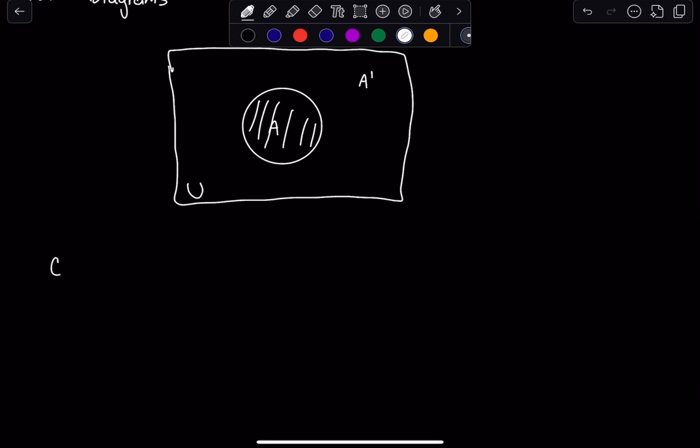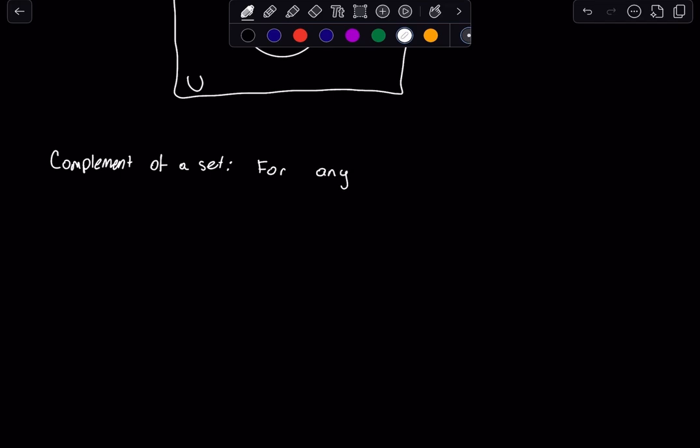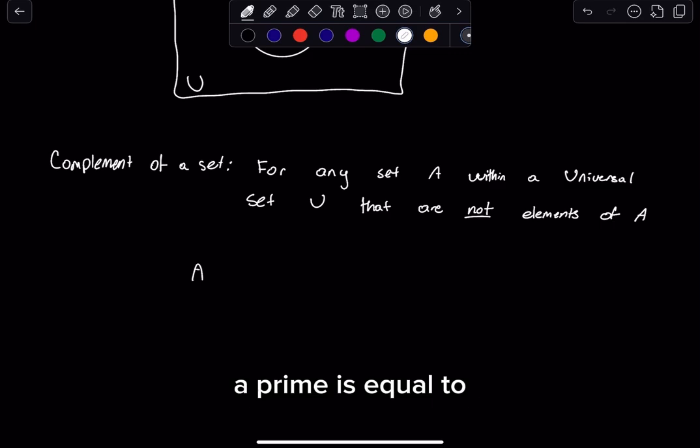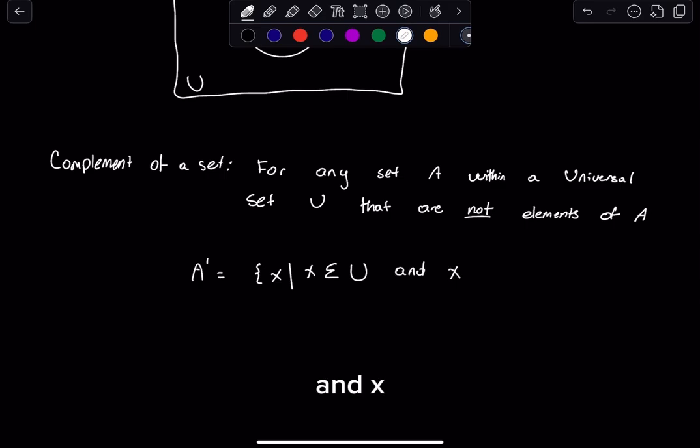And the definition of a complement: for any set A within a universal set U, the complement is the set of elements of U that are not elements of A. It's going to be written as A prime is equal to X such that X is an element of the universal set and X is not an element of A.